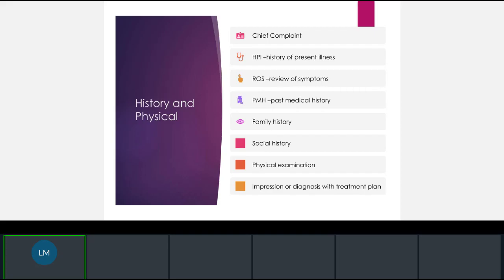Past medical history includes any past illnesses, surgeries, pregnancies, allergies, and typically current medications that the patient is on.